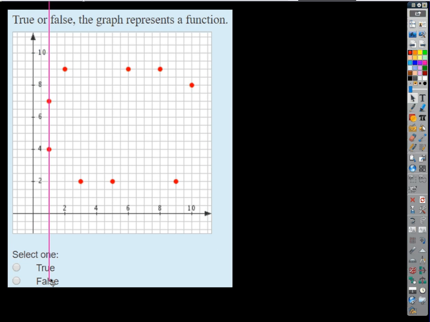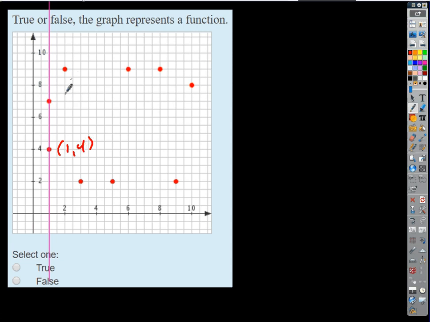The vertical line test just says if I drag a vertical line across a graph, if it intersects the graph in more than one place, then it's not a function, right? Now think why that is. What's the x value here? Looks like it's 1, right? Yes. When x equals 1, I get 2 points. What's the ordered pair of that point right there? (1, 4).